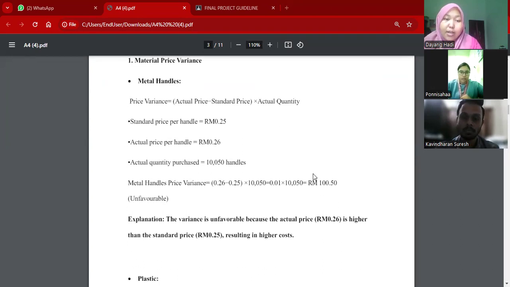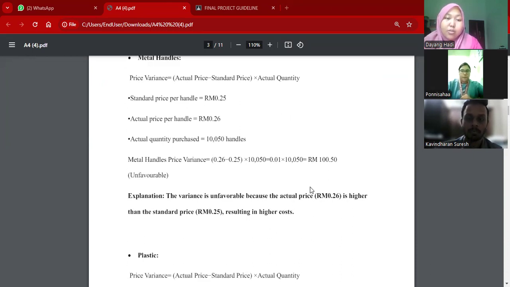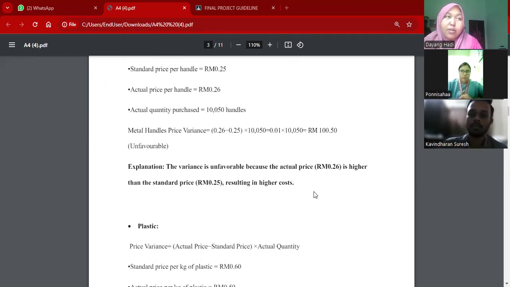So the metal handles price variance is 0.26 minus 0.25 times 10,050, equals 0.01 times 10,050, which equals 150 cents, which is unfavorable. The variance is unfavorable because the actual price of 26 cents is higher than the standard price of 25 cents, resulting in a higher cost.